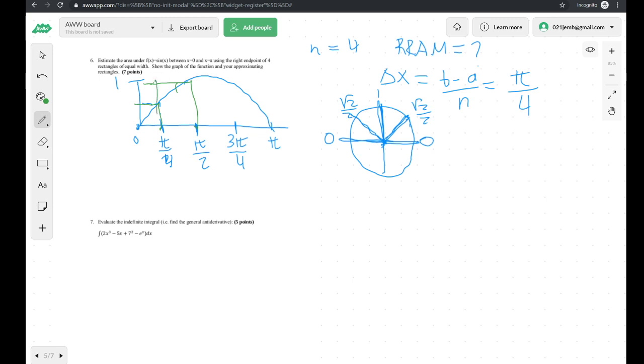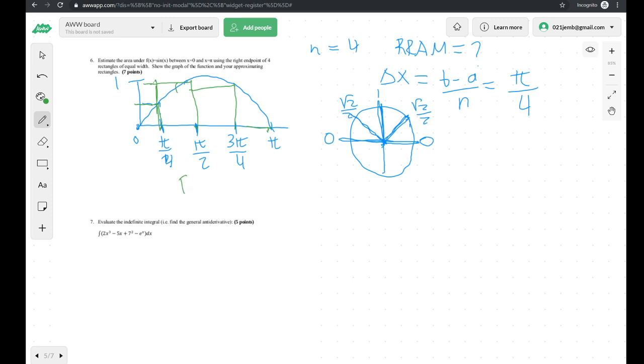I believe this comes down over here. Yeah, there we go. And then this is going to be the third and the fourth, which is just 0. So now all we have to do is find our RAM given this information.